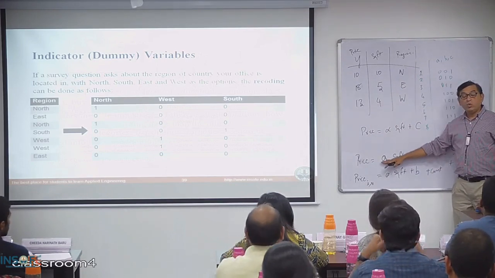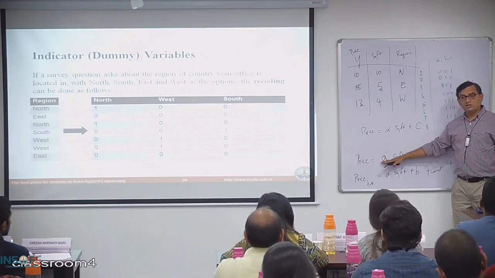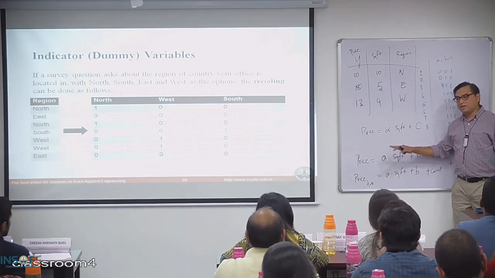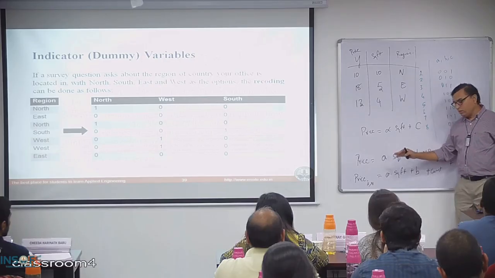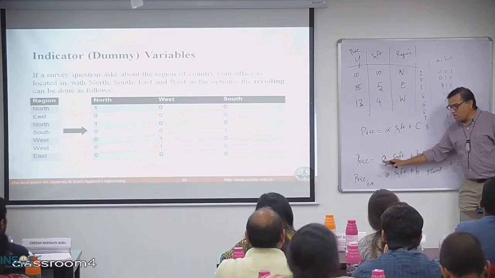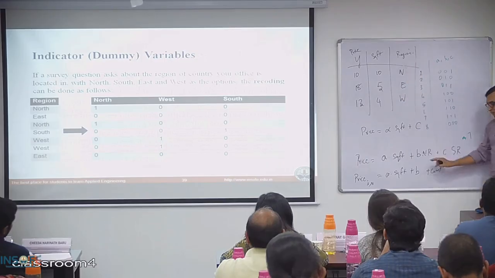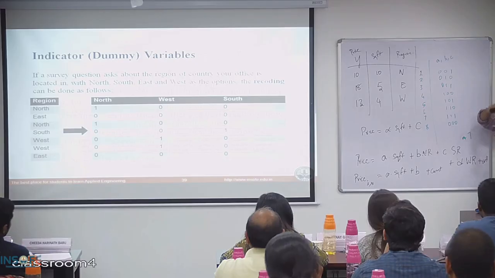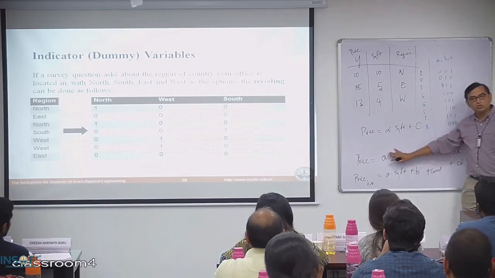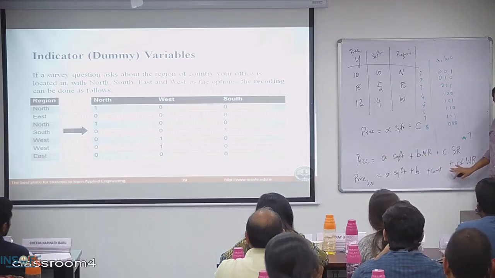What this equation is doing is it's effectively assigning the same slope for all of the regions and a different intercept for each one of the regions. The underlying base level is different, but the same slope is being given to all of them.